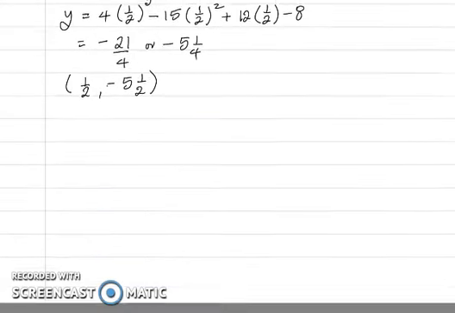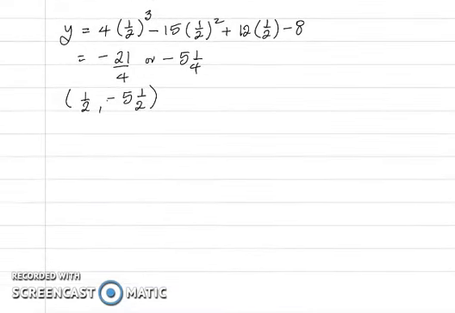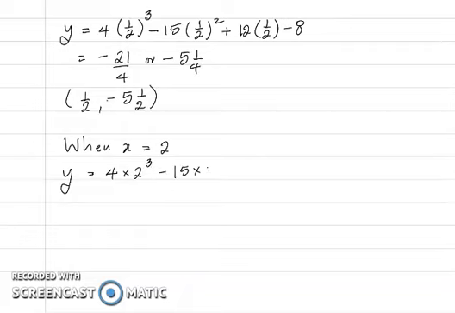All right, let's identify the next turning point. I'm going to say when x is equal to 2, because the values of x at the turning point are x is equal to a half and x is equal to 2. I'm going to say y is equal to 4 times 2 to the third minus 15 times 2 squared plus 12 times 2 minus 8.